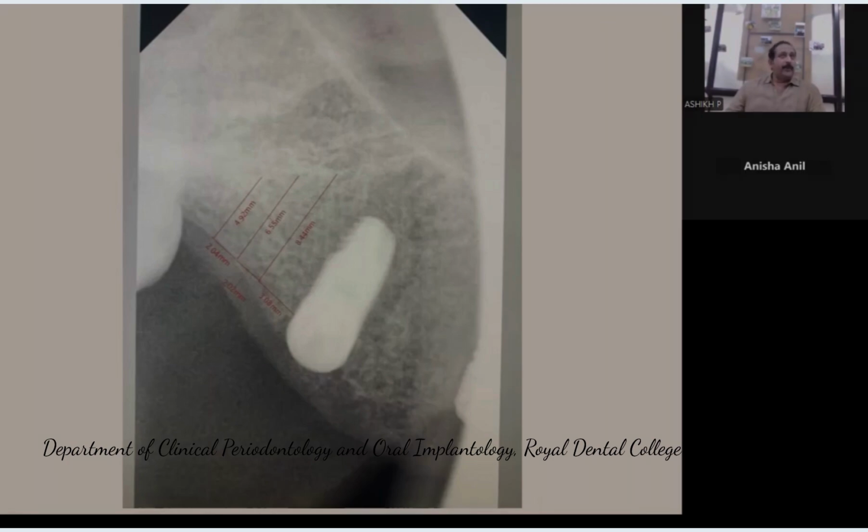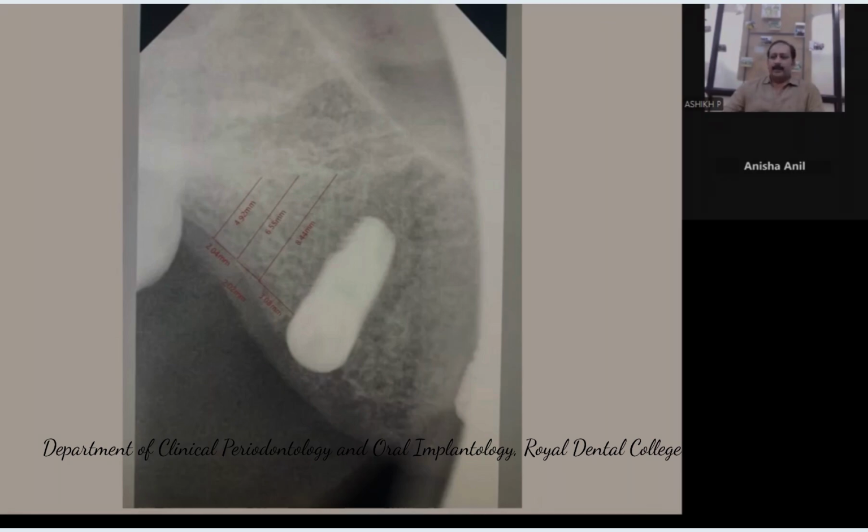So if you have to place a 6.5 long implant, then the width has to be 4.25. For a 4.25 diameter implant, you need to have 1.5 millimeter on the buccal and one on the palatal. So that means it is another 2.5 millimeter of extra bone in that region, right?